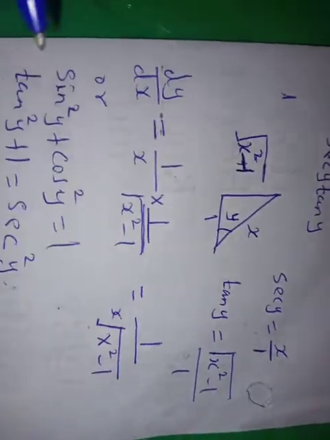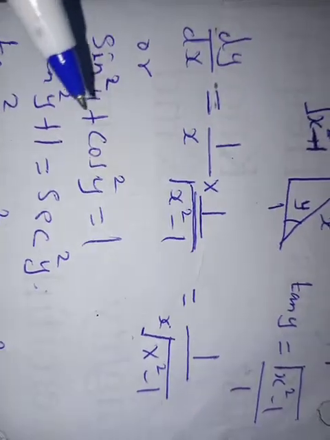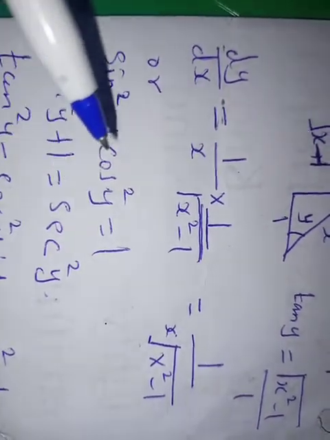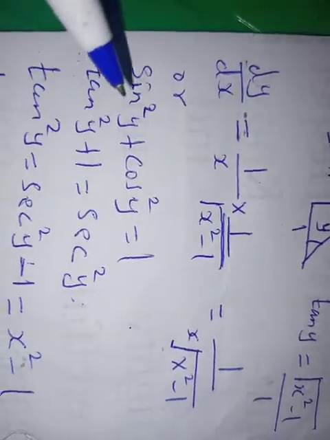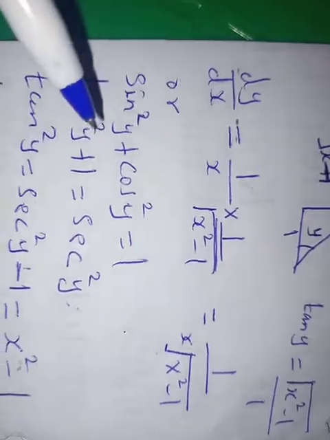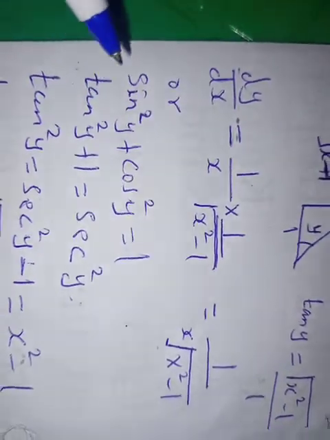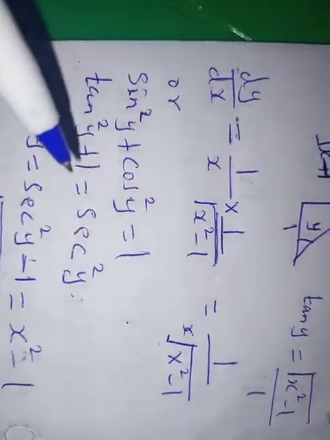We can also use this trigonometric identity, sine squared y plus cos squared y is equal to 1. We divide both sides by cos squared y. When we divide every term by cos squared y, we will have sine squared y over cos squared y, which is tan squared y, plus 1.